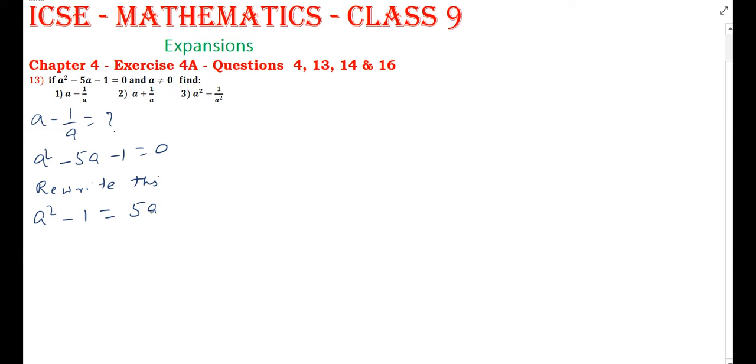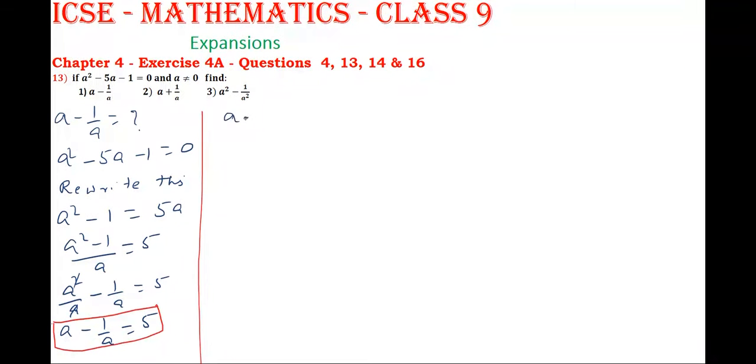Now we can divide by a: (a² − 1)/a = 5. So we can split this: a²/a − 1/a = 5. So this we can cancel, and a − 1/a = 5. This is the first answer.